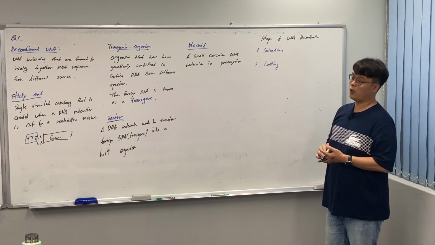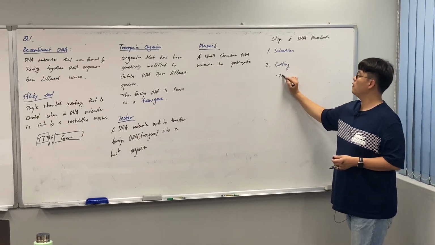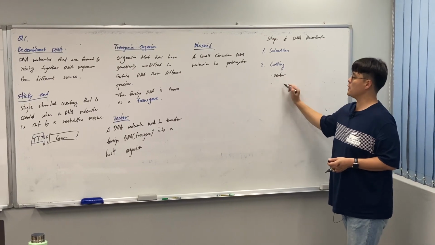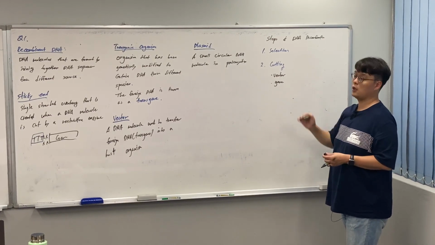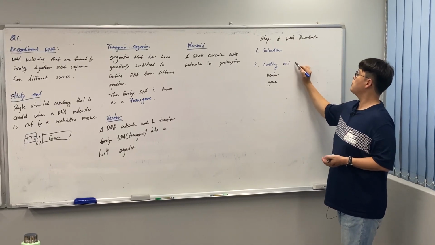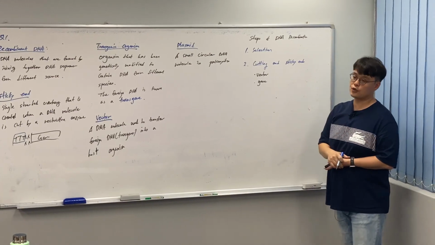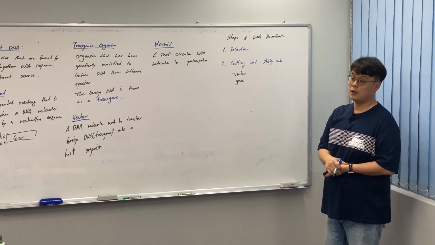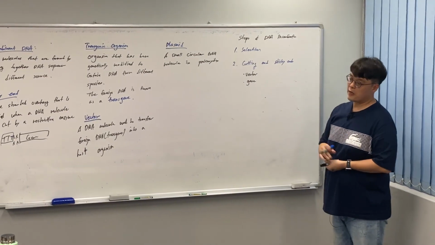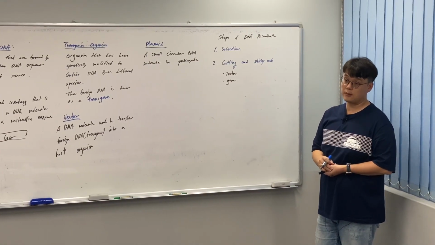Cutting both the plasmid, cutting the vector, as well as the gene, and the sticky ends are now produced. To cut that vector and genes, we're using the enzyme called the restriction enzyme.